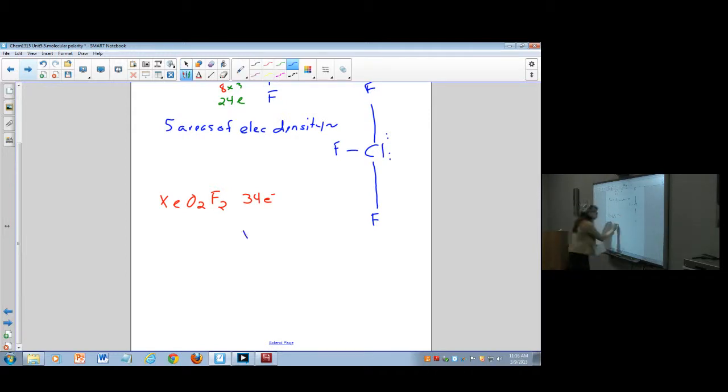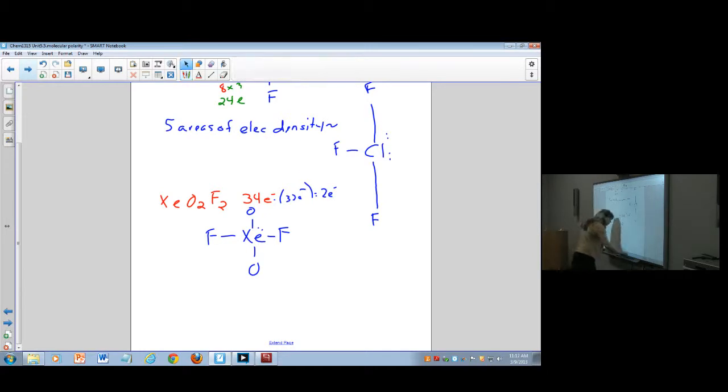You'd have something like, as a structure, F and F and O and O. Okay, that's going to be 32 of your electrons. And then, oh my, you figure out you've got to put these 2 electrons on that central atom, and that's going to mess up your geometry, right?